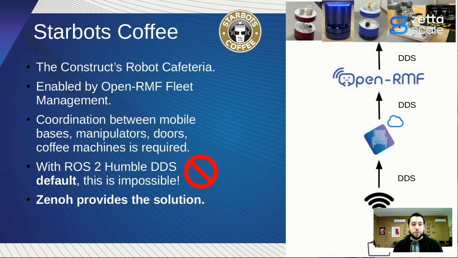However, with more than one robot, especially as you expand, the default DDS setup off the shelf with ROS2 Humble is very, very hard to make work and have every robot discover each other easily, quickly and reliably. And Zenoh provides the solution for this problem. So let me talk about the issues we encountered before implementing Zenoh.